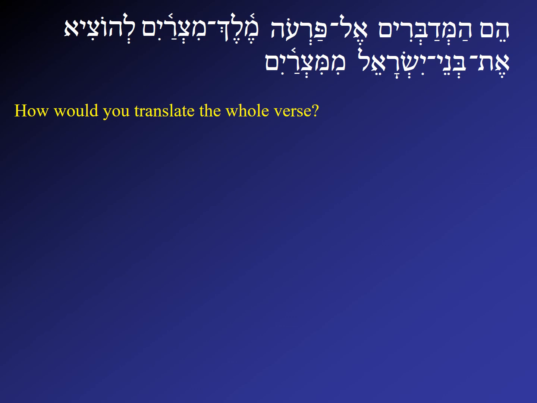So hem hamdabrim, they are the ones who are saying or speaking or telling el par'oh, to Pharaoh, melekh Mitsrayim, the king of Egypt, to send out, lehotsi, et bnei Yisrael, the sons of Israel, mi-Mitsrayim, this is min plus Mitsrayim, so from Egypt.